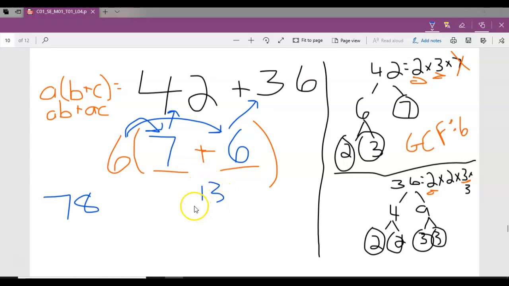Then I'm going to multiply that by 6. All right, so that's how I know that these two expressions equal each other. Because whether I do it here like this or I do it up here like that, I am still going to end up with 78.